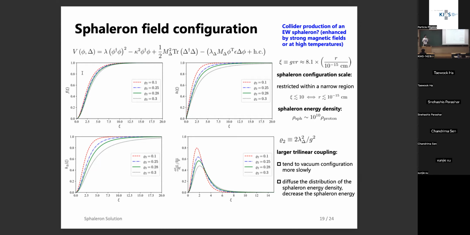So for a moving proton which has an energy of 10 TeV, the energy density of protons at LHC is about 10 to the 4 times the energy density of a static proton, right?